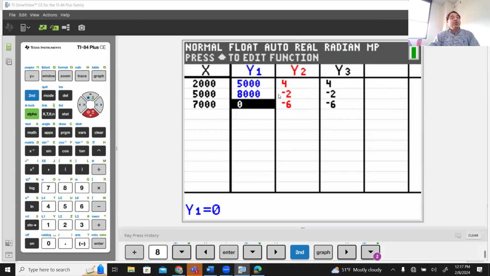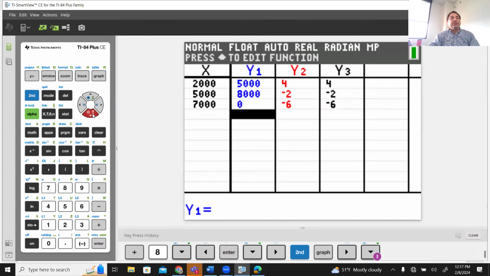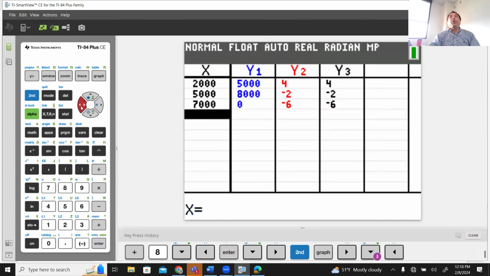No, because if I do, what's going to happen to my profit? So now, using the calculator, the table feature, how many should I produce for profit? When should I stop in terms of profit?